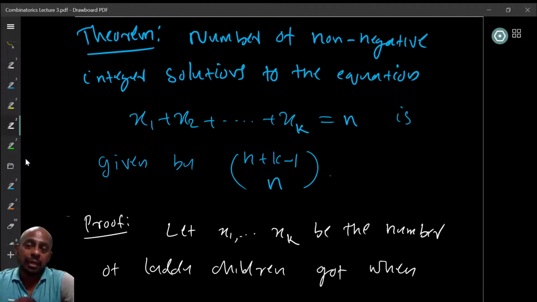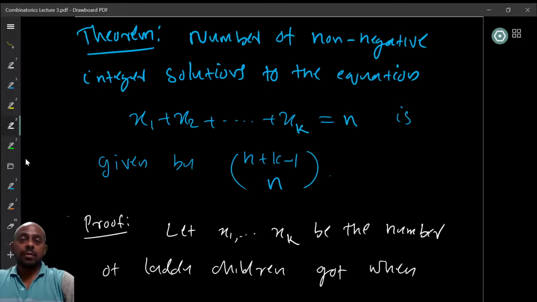But now for every solution to the weak composition, or the solution to the distribution where xi can be greater than or equal to 0, we have a solution where xi is greater than or equal to 1, or xi strictly greater than 0, right? Because you just add 1 to each of the xi's, and on the right hand side you have, instead of n, n plus k, because we started with k additional laddus, right?